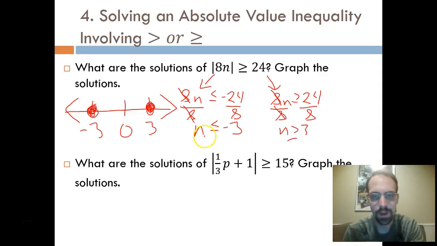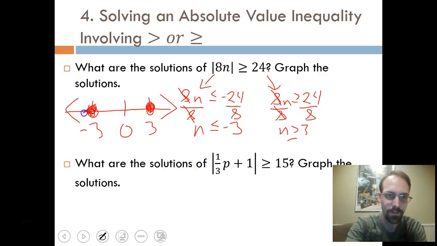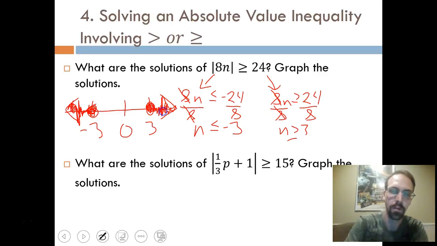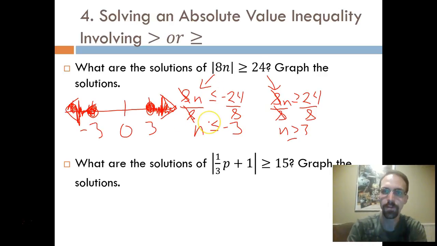If I am less than negative 3, would I be going to the left or to the right? If I'm less than, I'm going to the left, so I shade to the left. And if I'm greater than, then I would be shading to the right. So those are my solutions and my graph.